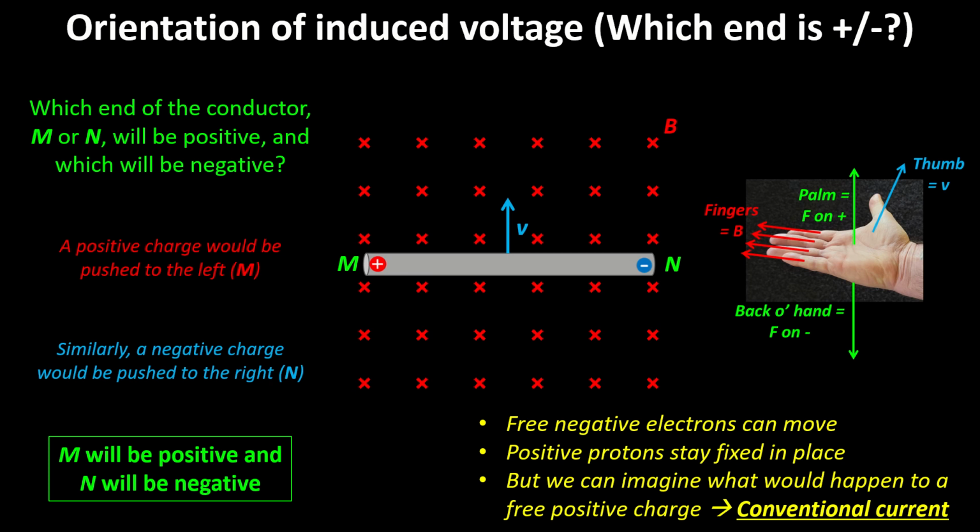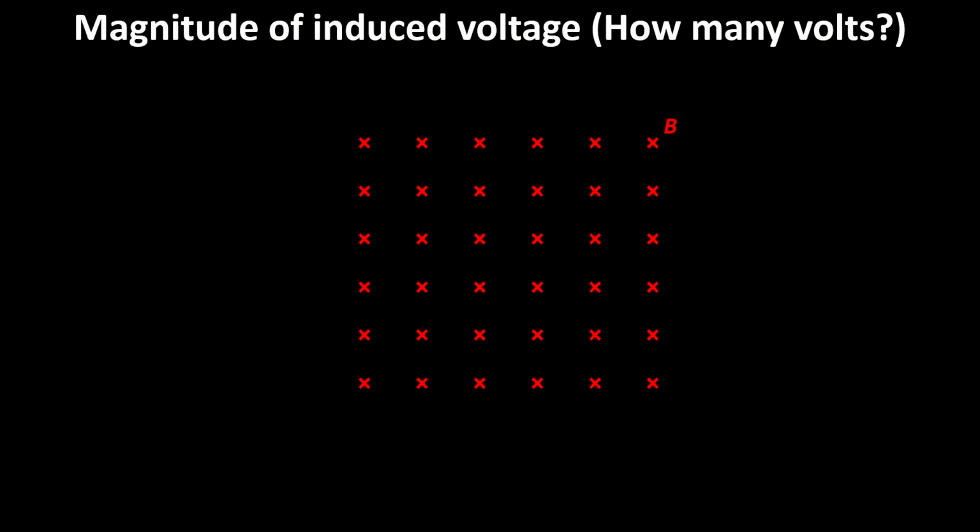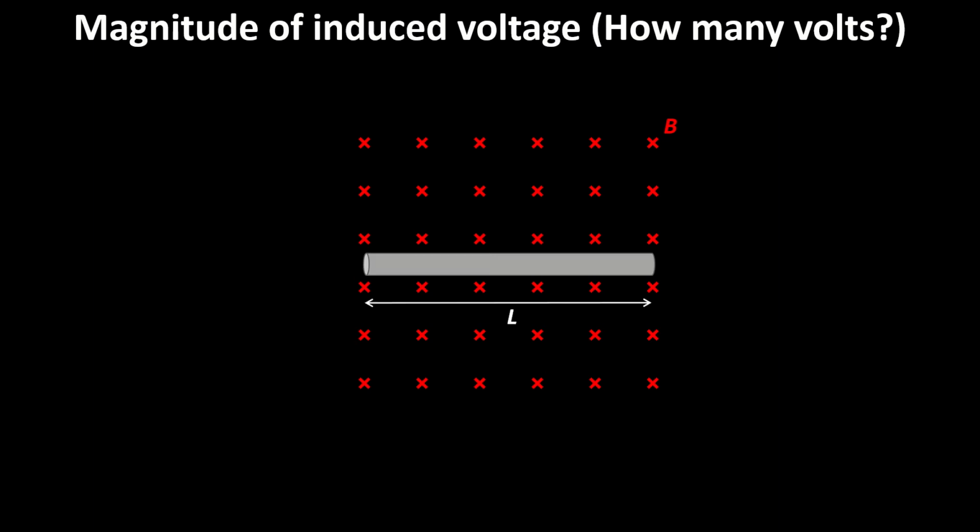The next thing we need to consider is the magnitude of the voltage. So how many volts are we actually going to get? So if we take our conductor, now at this point we're considering it's got a length L, moving at a speed V. Again, it's cutting across the magnetic field. And I'm going to consider a positive charge, Q, inside that conductor.